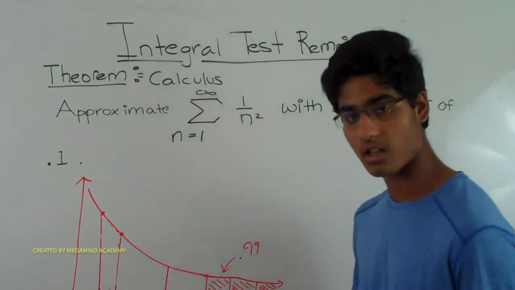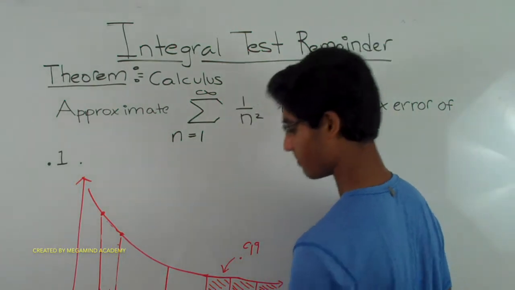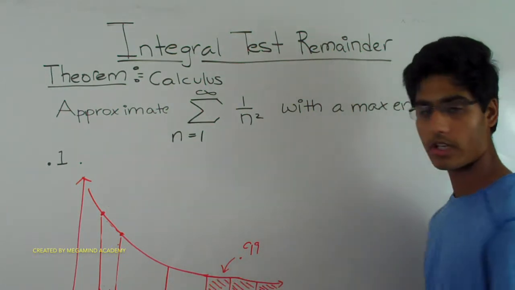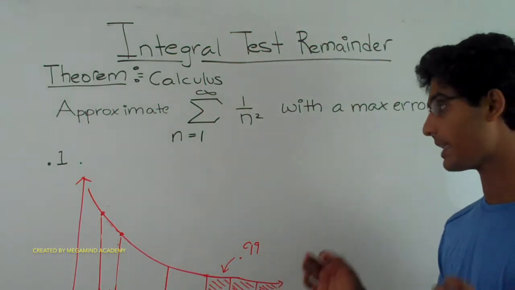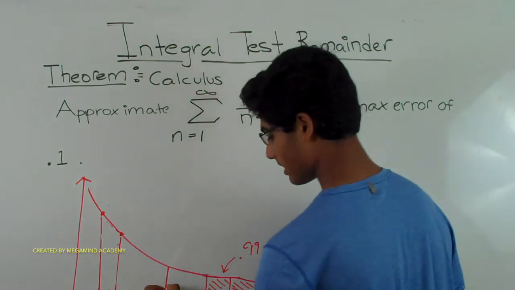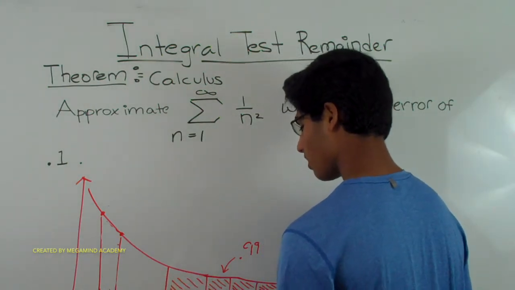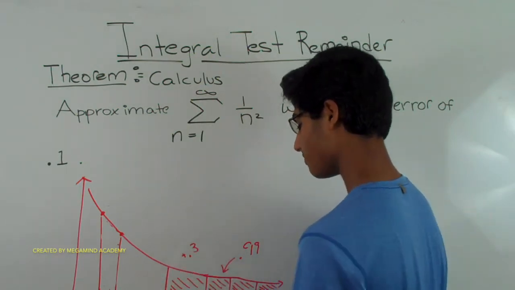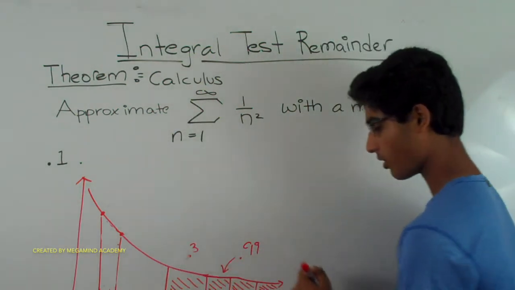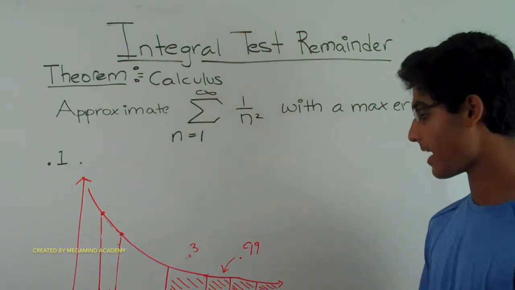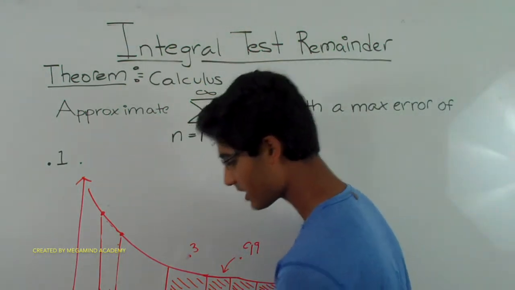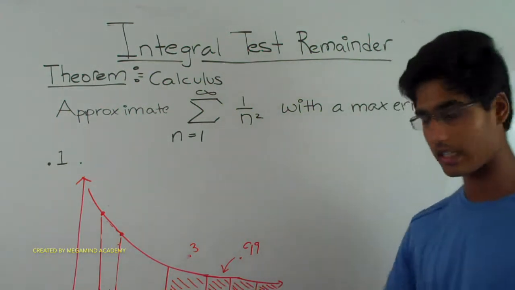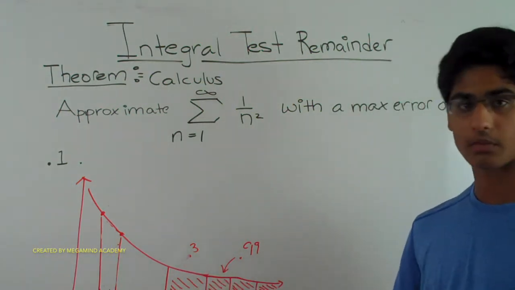Then maybe you can start from this point to D, and this area, which we know for sure would be less than 0.1, plus this value here would have to be less than 0.3. So this would all have to be less than 0.3. We can see that if we increase the max error, then we can decrease this value here. So this integral, or the area between them, has more room for error.